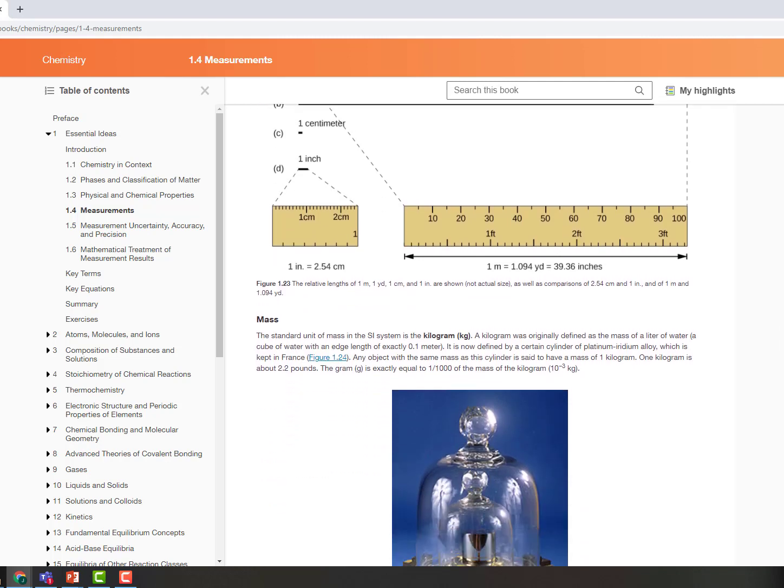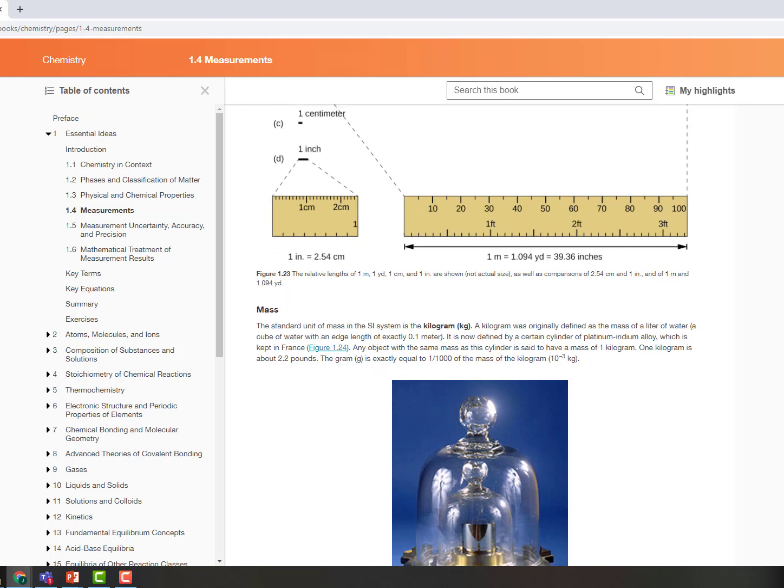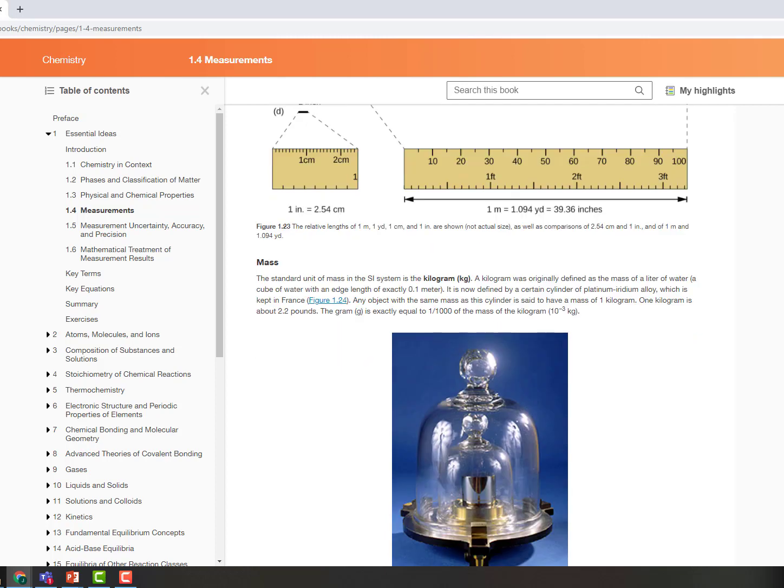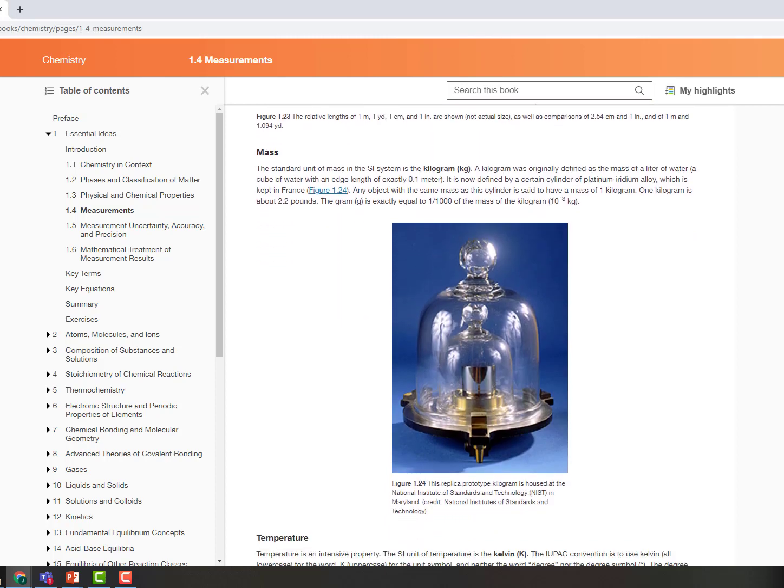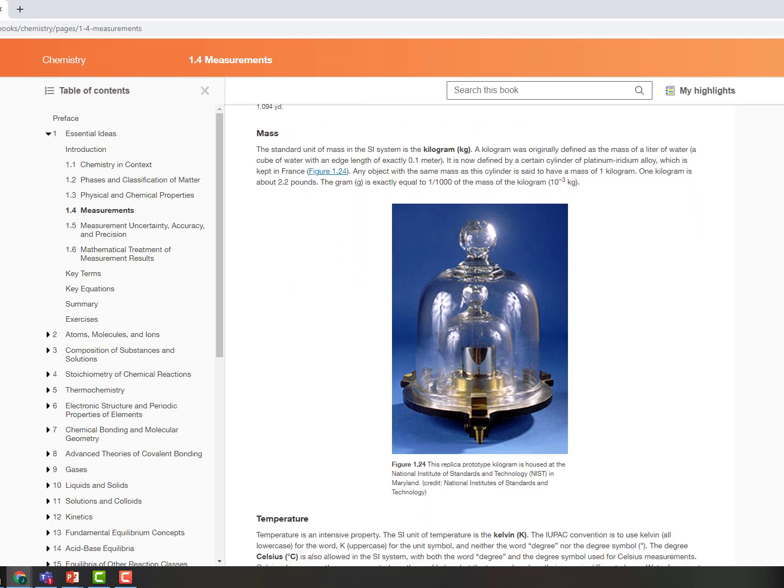So mass is how much stuff you have. It's related to weight. If something increases in weight, it's increasing in mass. But weight is specific to the gravity field we're in, which on Earth is pretty much always the same.